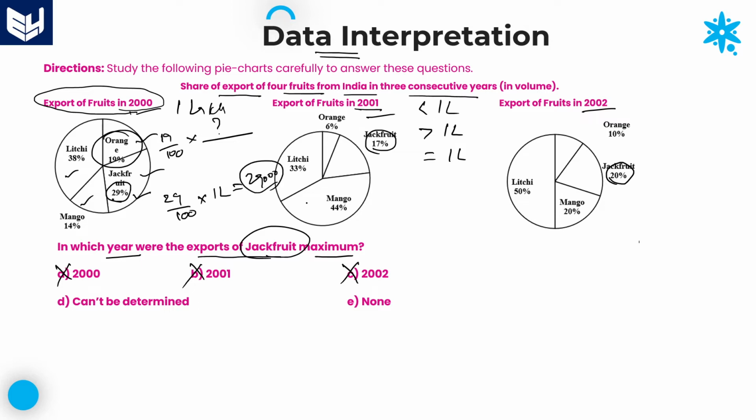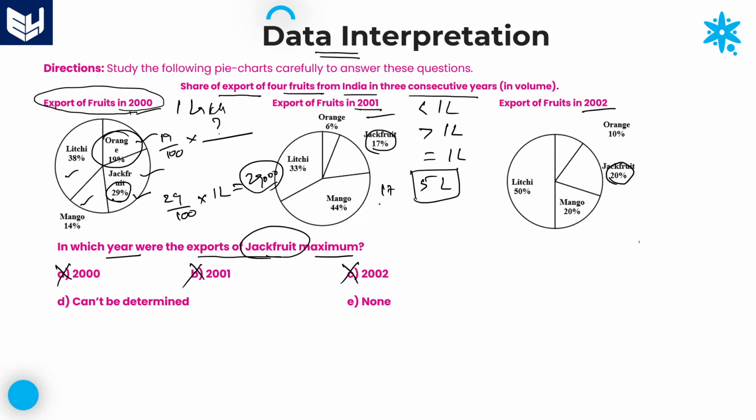In the next year, the total is, for example, 5 lakhs. As you don't know the total exports, you cannot say exactly whether it is less than 1 lakh or more than 1 lakh.